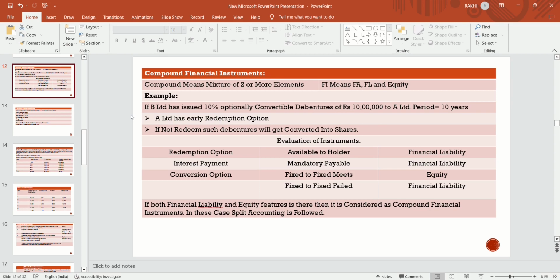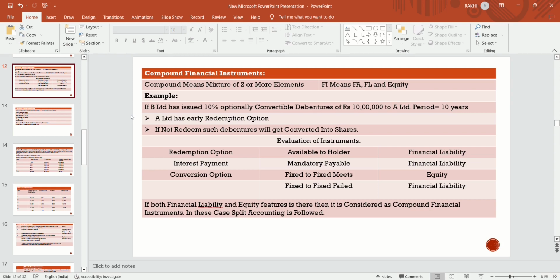It is at the option of the holder whether it will be redeemed earlier than the period, or if not redeemed, then it will be converted into shares.